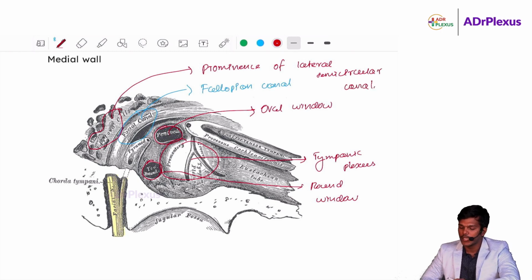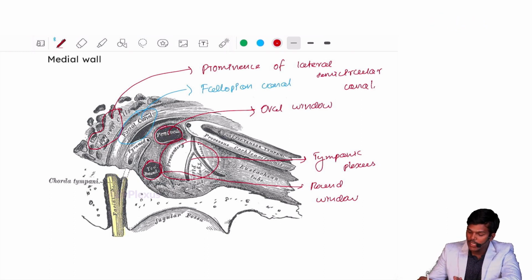Clear? Fine. So we are having the medial wall. The medial wall is having promontory, prominence of the cochlea. Posterior superiorly you will be having oval window, posterior inferior you will be having the round window. Just above the oval window you will be having the facial canal or fallopian canal. Just above that you will be having prominence for lateral semicircular canal.